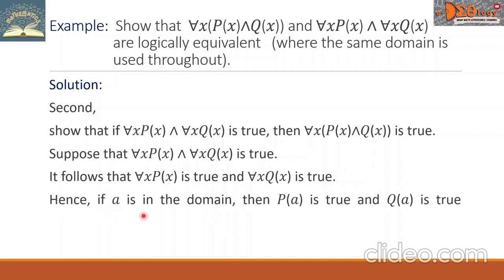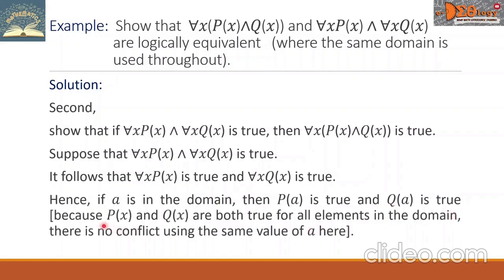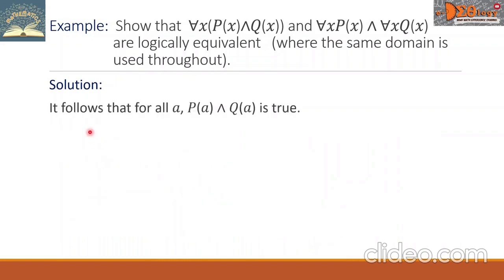Hence, if A is in the domain, then P of A is true, and Q of A is true. Because P of x and Q of x are both true for all elements in the domain, there is no conflict using the same value of A here. It follows that for all A, the conjunction P of A and Q of A is true. Consequently, for all x, the conjunction P of x and Q of x is true.